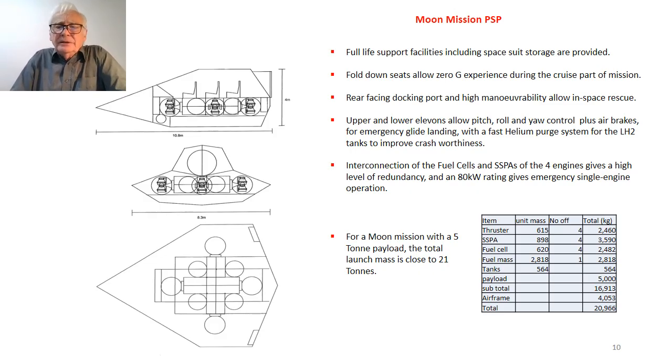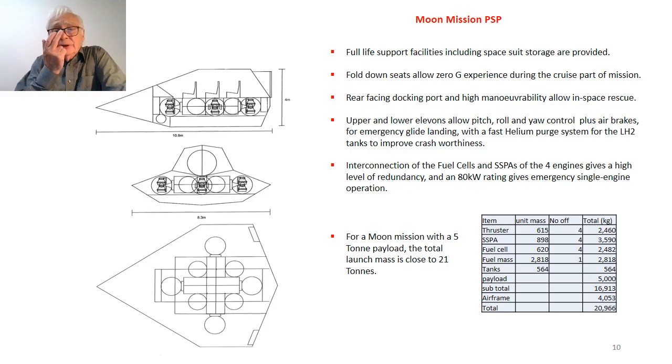Part of the marketing for space tourism applications. It has a rear-facing docking port, and the high maneuverability of the 4 engines allows straightforward docking in space if you, for any reason, needed to carry out an in-space rescue of the passengers and crew.